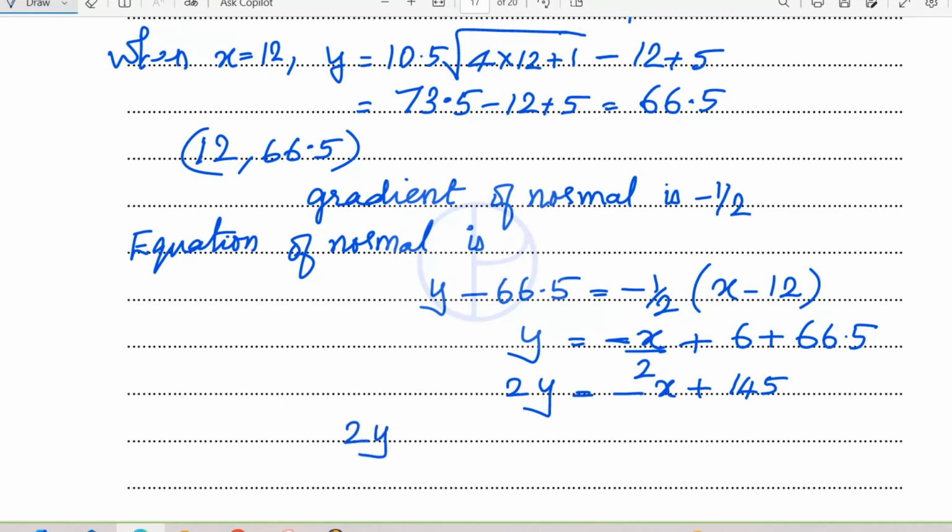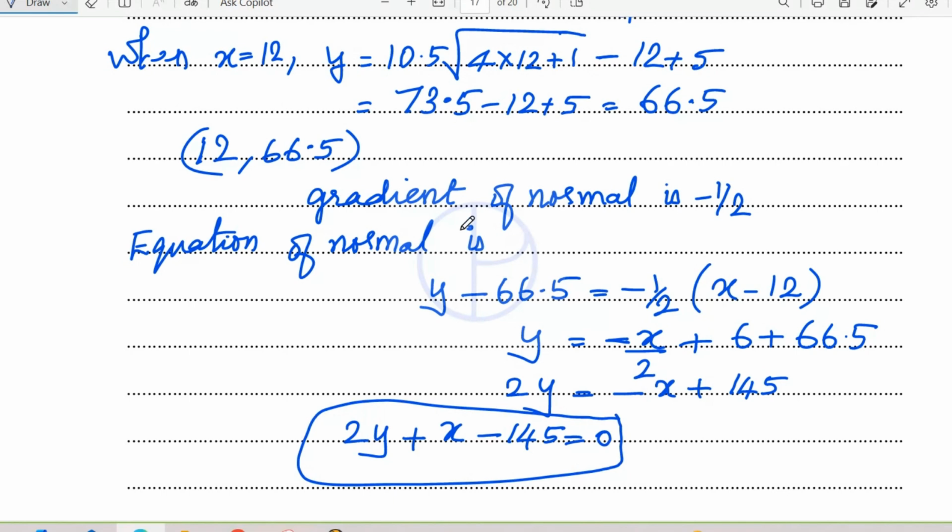We can write this as 2y plus x minus 145 equal to 0. This is the equation of the normal.